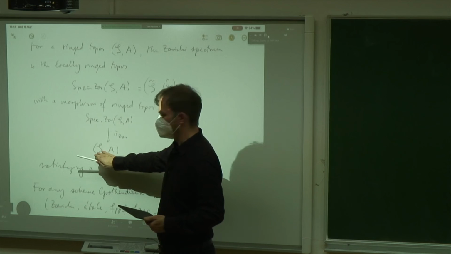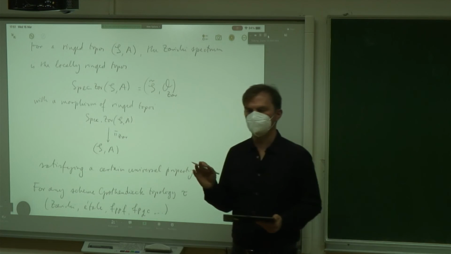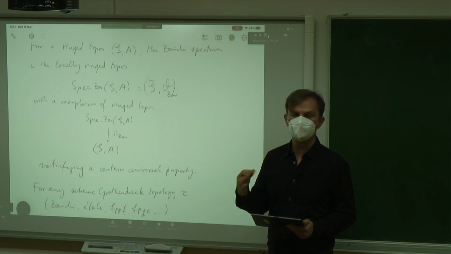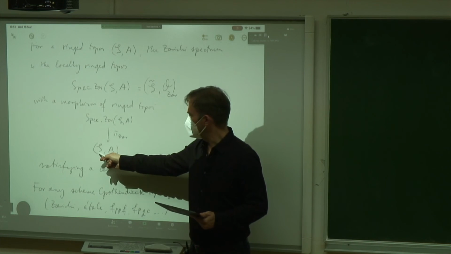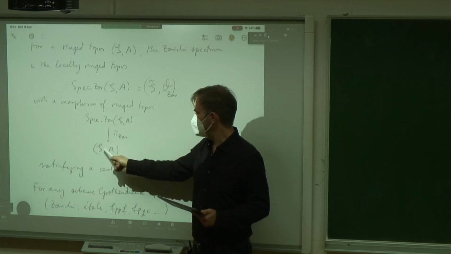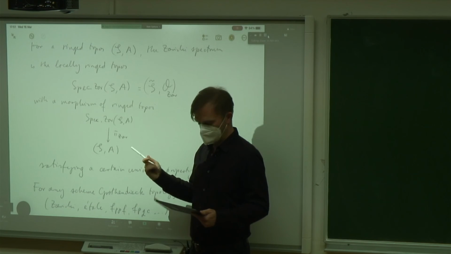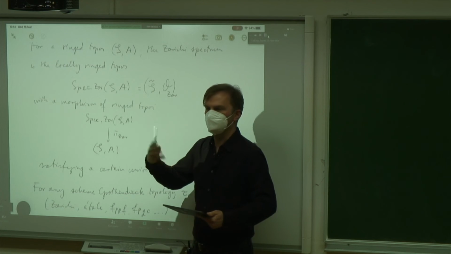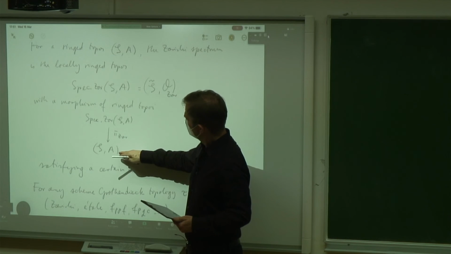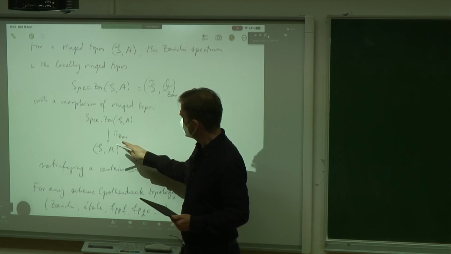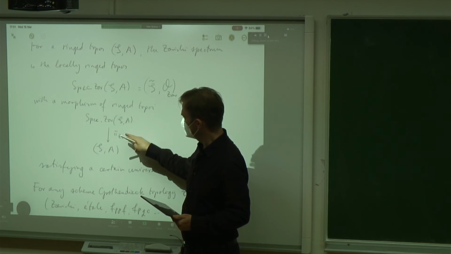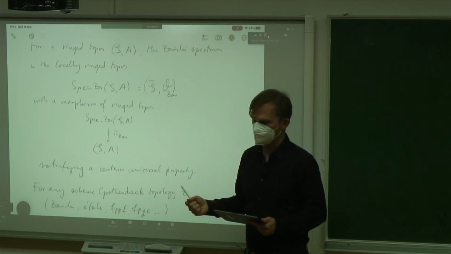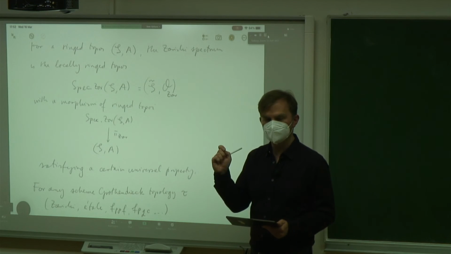So relative means that you don't start with an ordinary ring, or a ring in the category of sets, but you work in a topos S, and you take the ring object in S, and then you want to define its spectrum. So it's this, okay? So the point is that you should think of it as a ringed topos and not a ringed space.